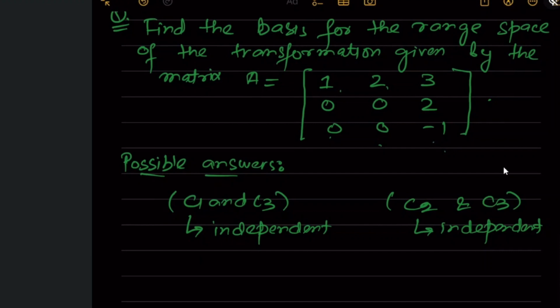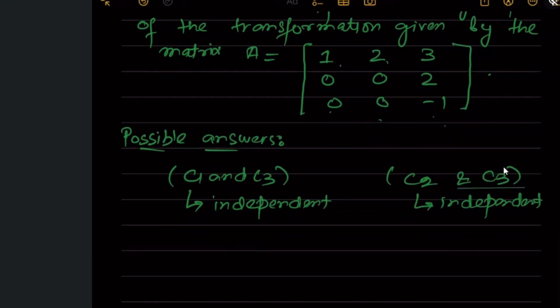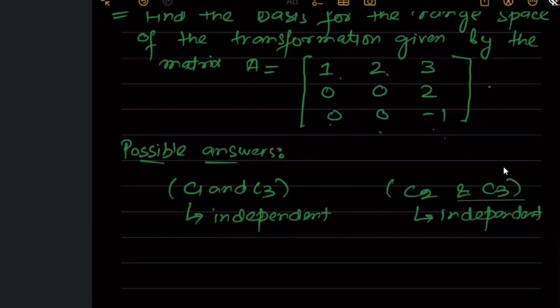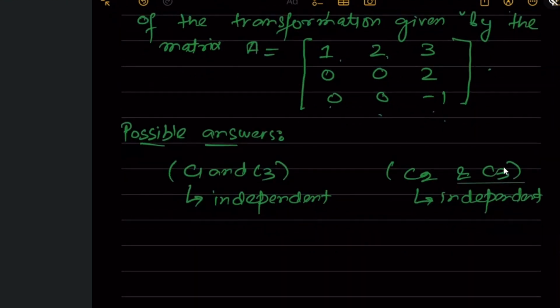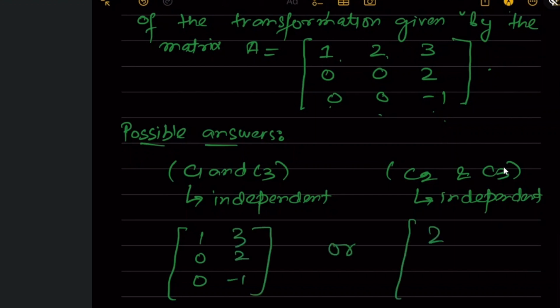You just multiply C1 with 2 and you get the second vector. So any of these two is going to be the basis for the range space. You can choose 1 0 0 and 3 2 minus 1, or you can choose 2 0 0 and 3 2 minus 1.